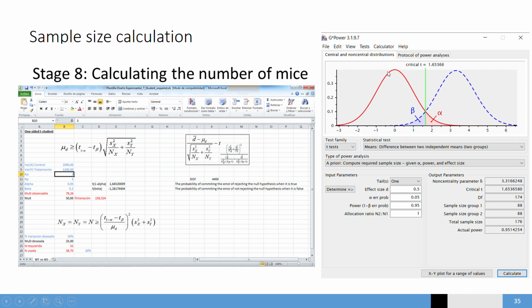And if there is a difference, for instance, if the response of one of the groups is larger than the other group, then the t-student will shift to the right, and there will be a critical value. If your t value, the statistic that you have found in your experiment, is beyond this critical value, you will reject the null hypothesis. And if it is smaller than this critical value, you will not reject it.